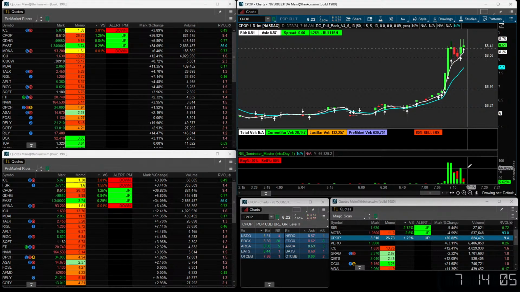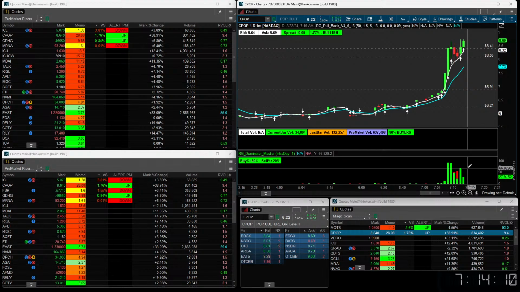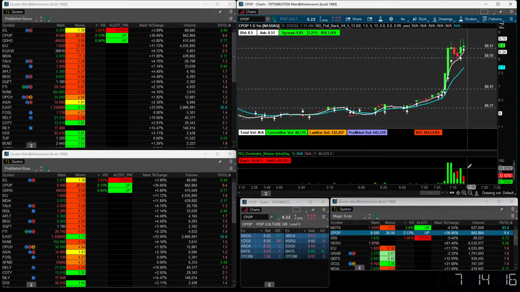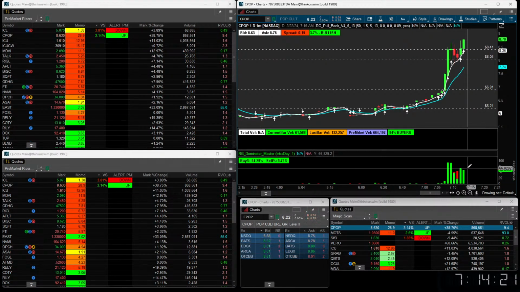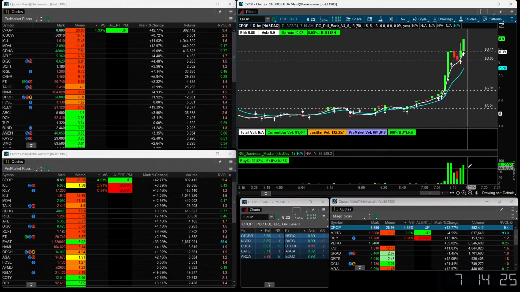C-Pop is trying to get above this 840 for the run up. I think since it's struggling, if you're in this stock, take a little off the top, start locking it in.